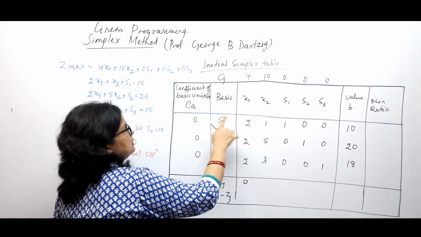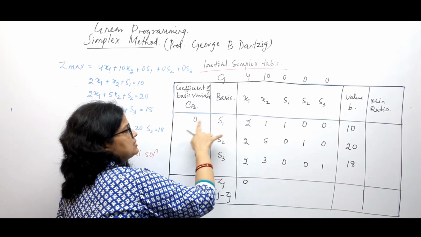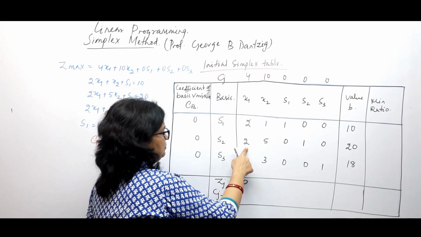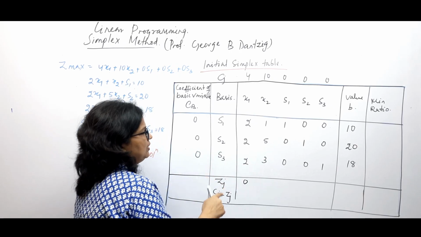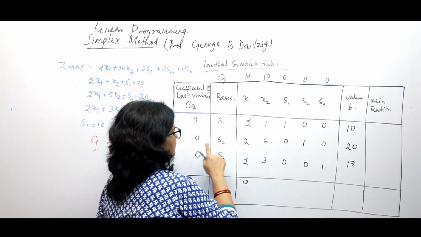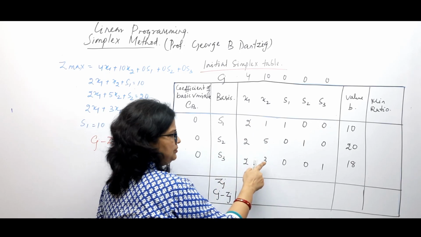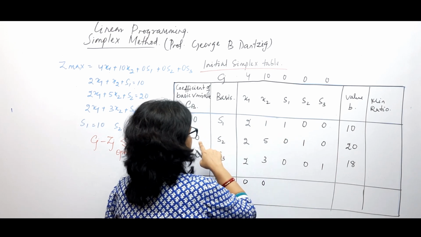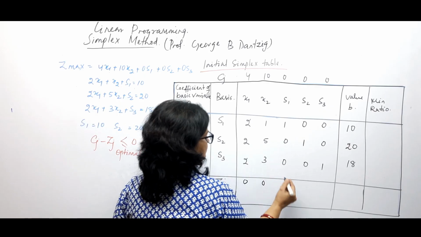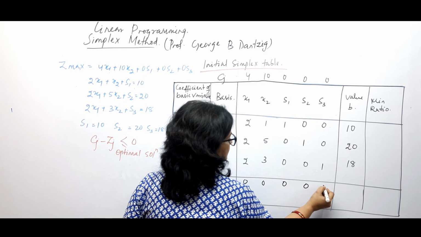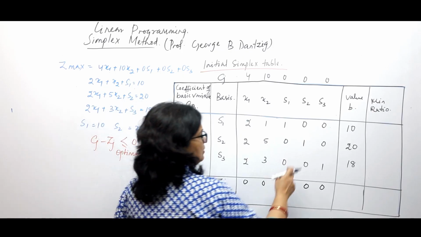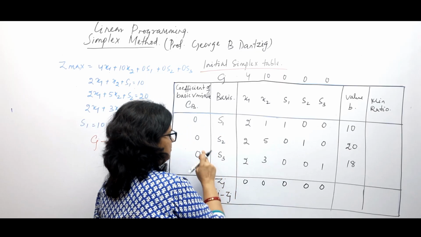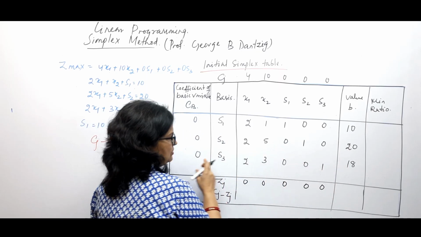Same here, 0 into 1 plus 0 into 5 plus 0 into 3, which is 0. Again 0 into 1, 0 into 0, 0 into 0, so all of them will be 0 here. And the value column, 10 into 0, 20 into 0, 18 into 0, is 0.